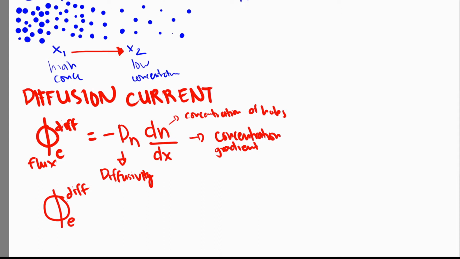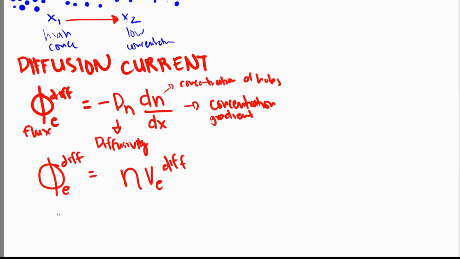Your diffusion flux for your electrons, we can express this in terms of our electron diffusion velocity, V_E diff, multiplied by the concentration of our electrons, n. Using these two relations, we can combine them and we'll see that V_E diff times n would then be equal to negative Dn dn over dx.